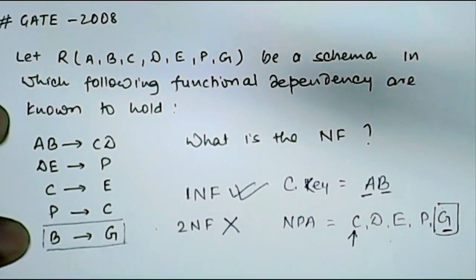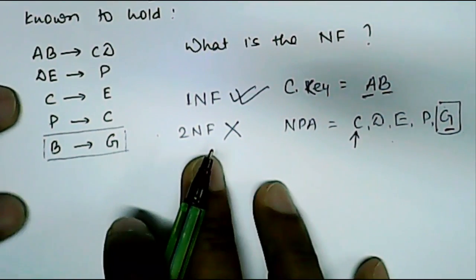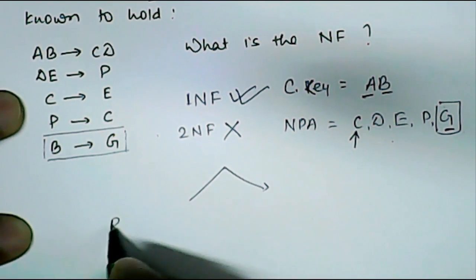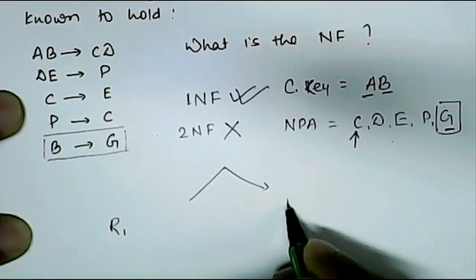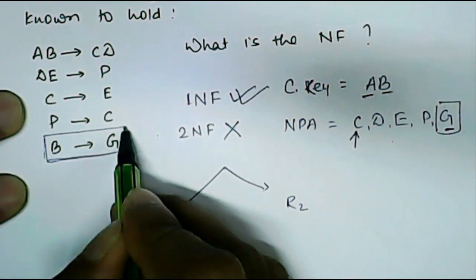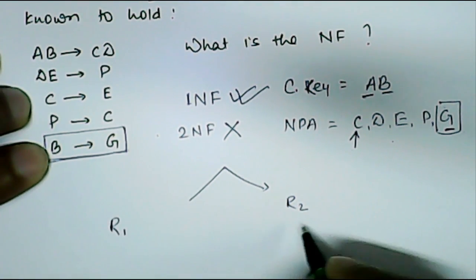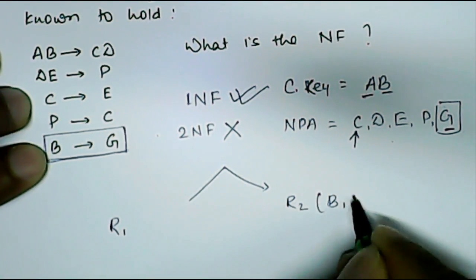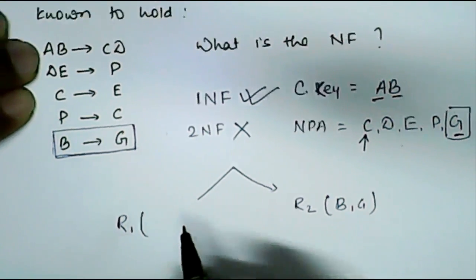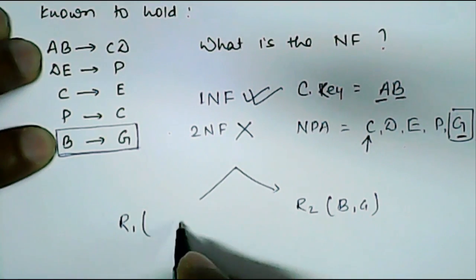Now let's extend this problem and decompose this relation so that it satisfies 2NF. As we have studied, we will write this relation as R1 and R2, and the functional dependency which is creating the problem for 2NF, we will separate. So we will keep B and G here, while we will keep the remaining elements, including the determinant of this functional dependency, in this relation.